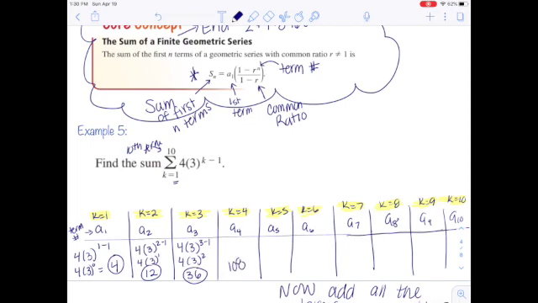I'm going to save some time here. Plug in k equals 5 to get your fifth term of 324. Plug in k equals 6 to get your sixth term of 972. Your seventh term would be 2,916. Your eighth term would be 8,748.